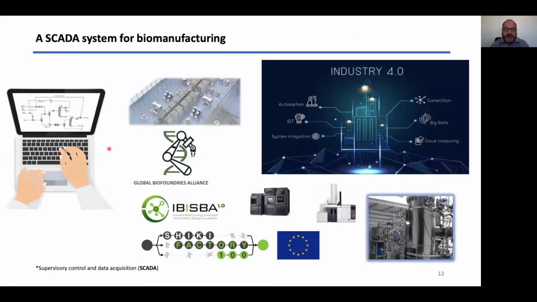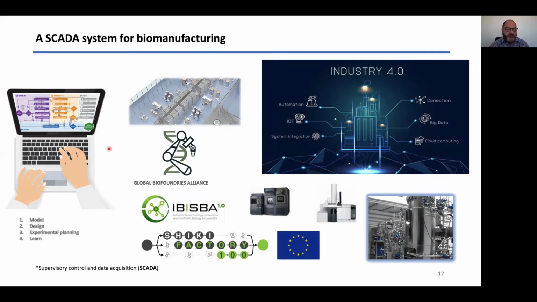So I would like to say that this concept is very close to the concept of the SCADA system, which means supervisory control and data acquisition, which for many years has been proposed in other domains of the industrial processes.